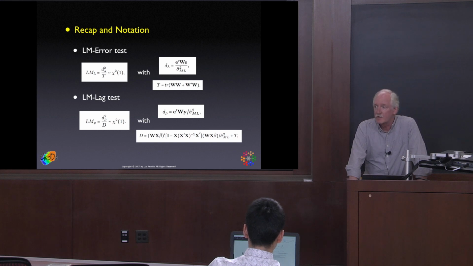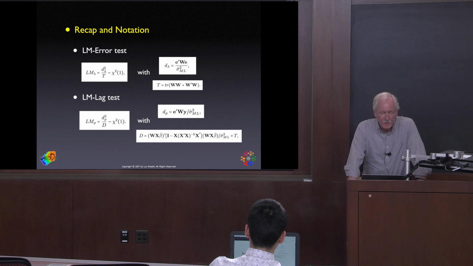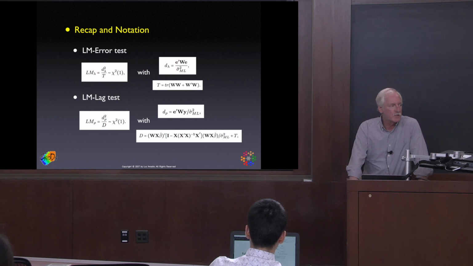So that's this cross product of the residuals with their spatial lags, the E prime WE, divided by E prime E divided by N, which is a consistent estimate for the error variance. And then T is our trace term, the trace of WW plus the trace of W prime W, right? The trace of W prime W is the sum of squared elements of the weights matrix. That's a generic matrix algebra result, but the WW does not have that simple expression.